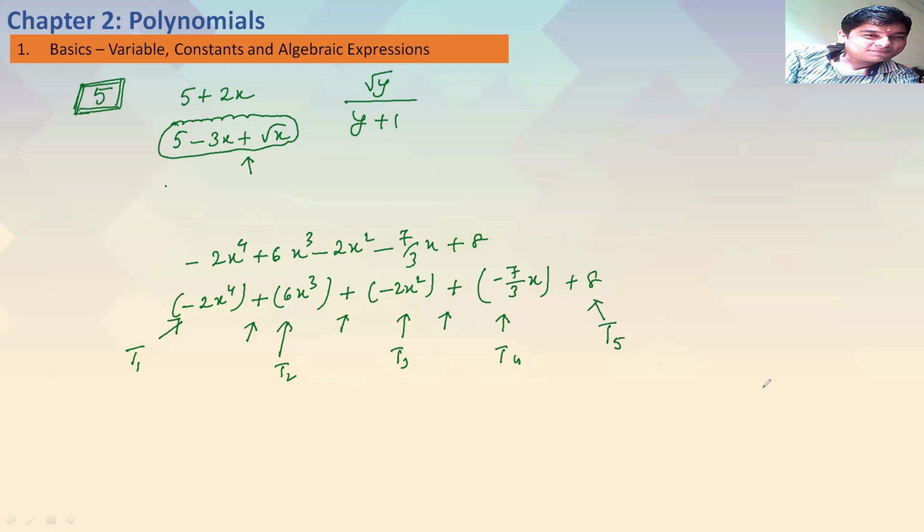So you understood the meaning of terms. Terms are units or entities which are separated by a plus sign. Plus sign works like space in the English language in writing a sentence. Plus is a space, whereas these terms are words. Got it? Very good.